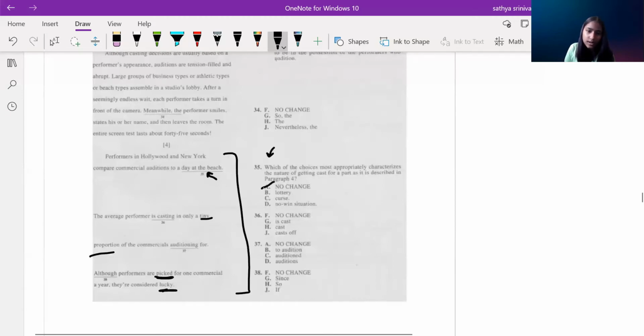No, right? It's more about being lucky, right? Which one of these talks about how they're being picked, it's lucky, it's a tiny proportion? Well, the best word that goes with that context is B. So 35 should be B.